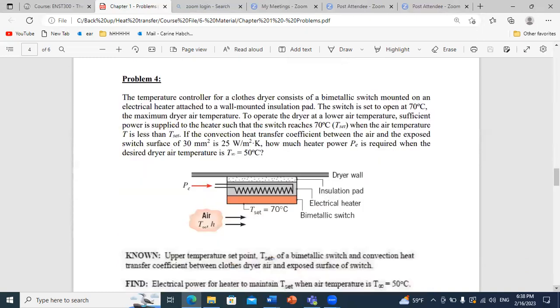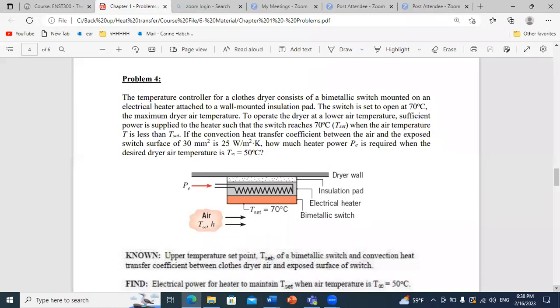Okay, another application. A temperature controller for a clothes dryer consists of a bimetallic switch mounted on an electrical heater attached to a wall-mounted insulation pad. The switch is set to open at 70 degrees, which is the maximum dryer air temperature.